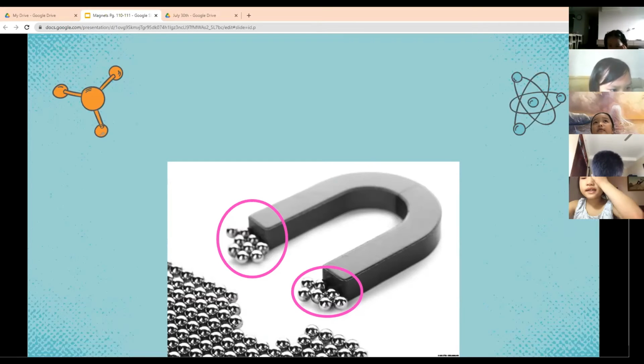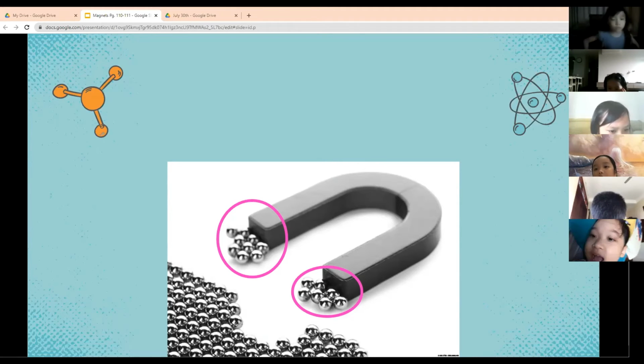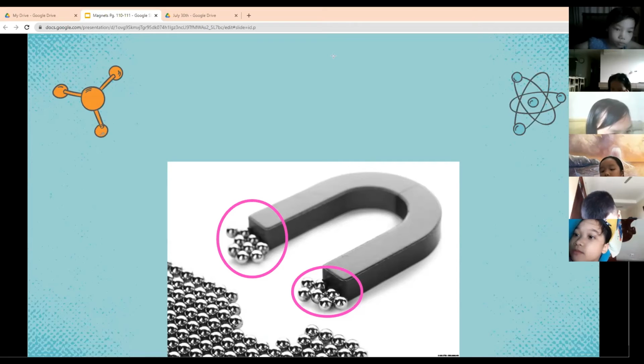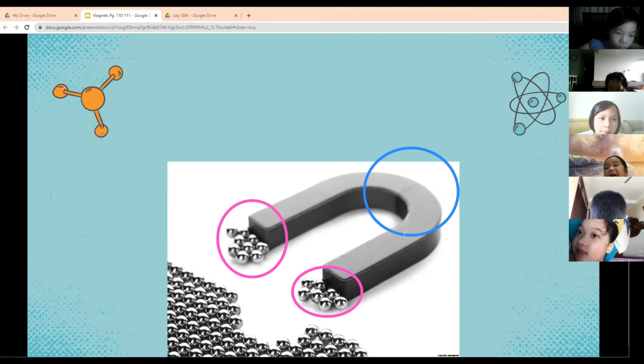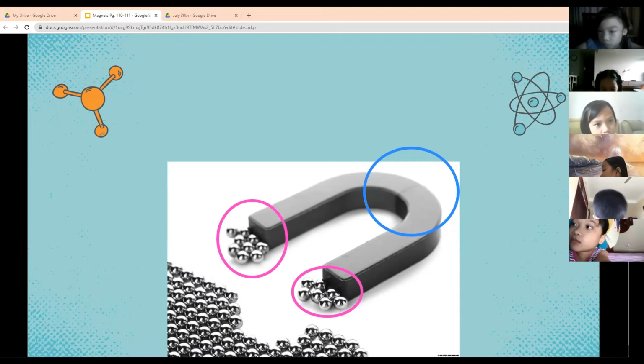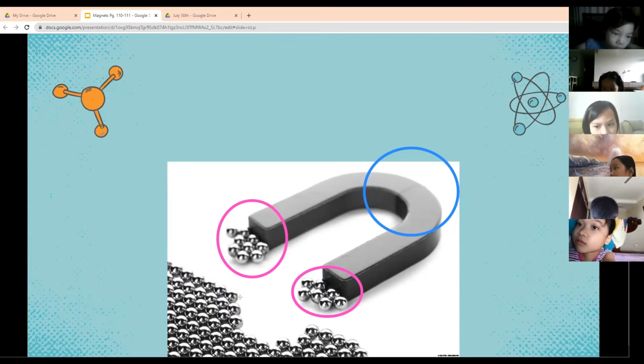Do you think it's stronger where the pink circles are or where my blue circle is? The pink circle is strongest because the blue circle didn't stick with any marbles. Yeah, it didn't attract any marbles. That was a great explanation. The pink is the strongest. The poles of a magnet are the strongest.